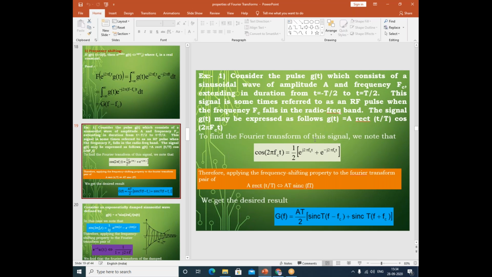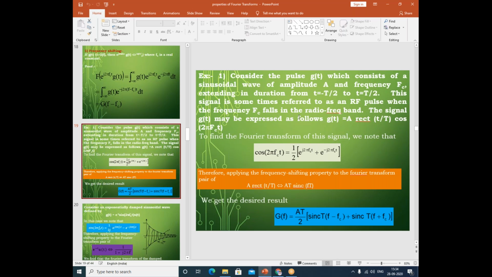Now observe this. Here, consider the pulse g of t. Observe this question carefully. Consider the pulse g of t, which consists of a sinusoidal waveform of amplitude A and frequency fc, extended in duration from minus T by 2 to T by 2. This signal is sometimes referred to as an RF pulse.